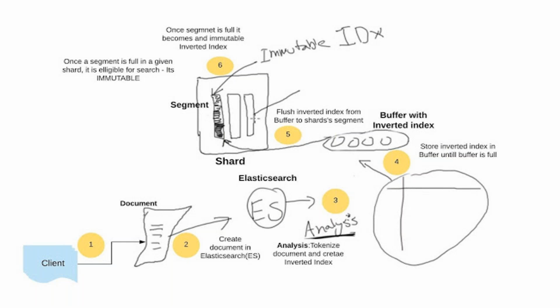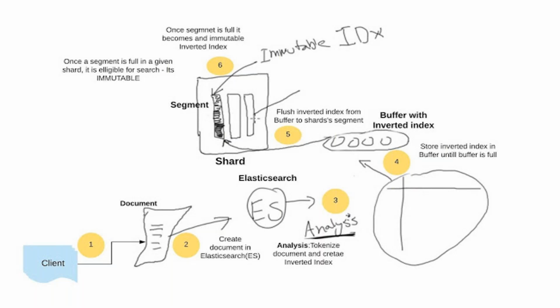In step 4, the inverted index is stored in the buffer until the buffer is full. Then in step 5, it is flushed from the buffer to a shard segment, which means permanent storage. And in step 6, once the segment is full, it becomes an immutable inverted index, and it is eligible for search.